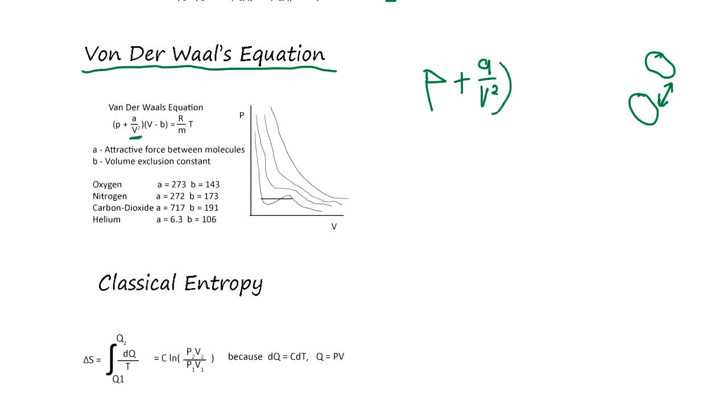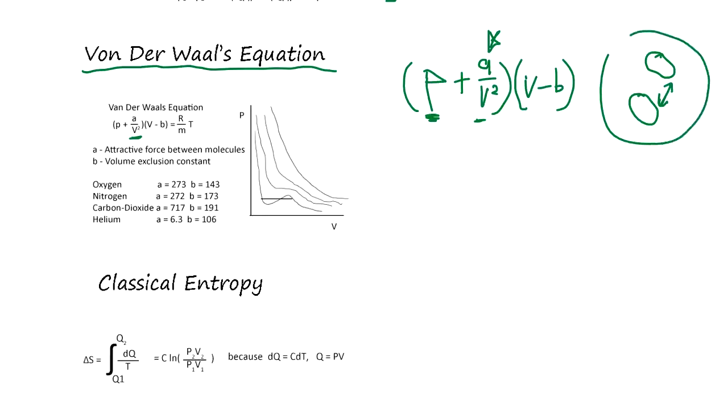So the actual pressure includes this force. This is the van der Waals coefficient. And the actual volume, we need to exclude, because when it gets to high pressure and is crowded, the molecules occupy a certain space. So the volume has to be slightly less. That's another van der Waals constant. That's a kind of adjustment.